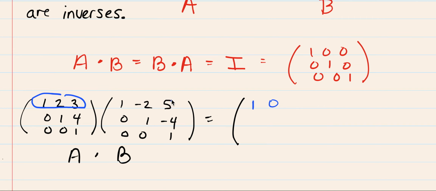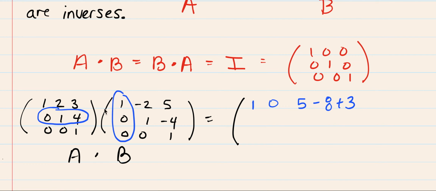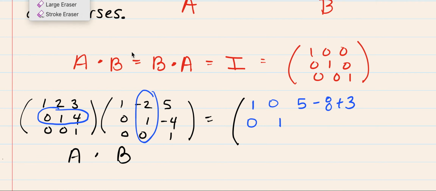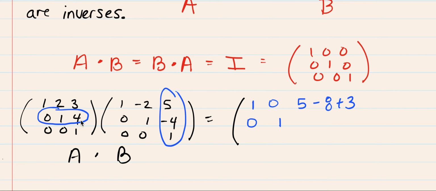This row with this one, we get 5 minus 8 plus 3. This is also 0. And then just continue this process. So now we're going to do the second row, this one. You'll see that we get 0. Then with this column, we're going to get just 1. With the last column, we're going to get negative 4 and a 4, that makes 0.